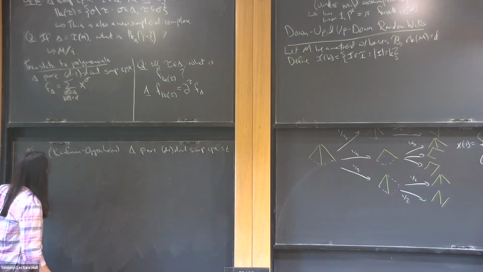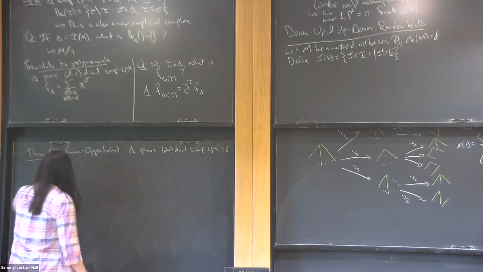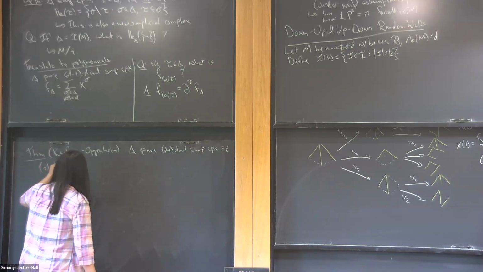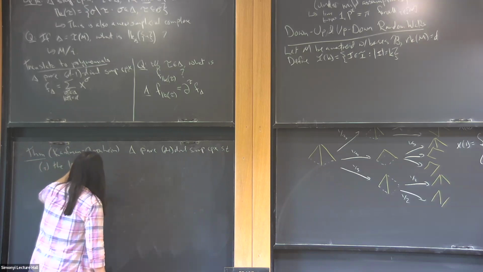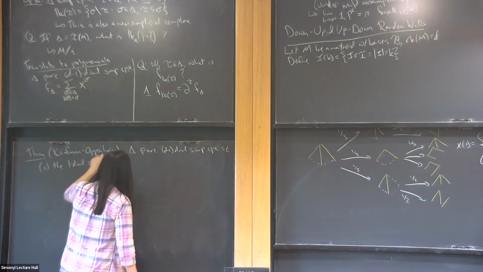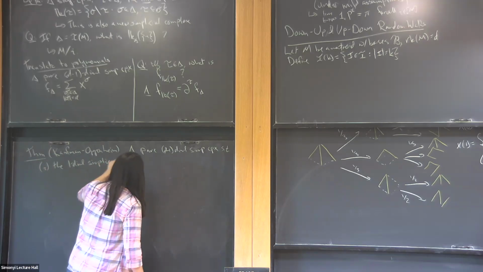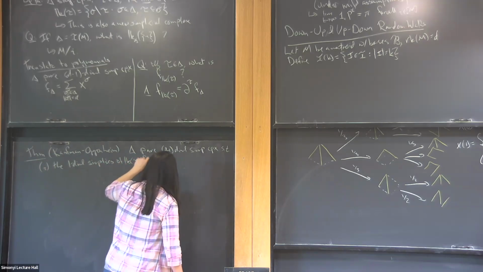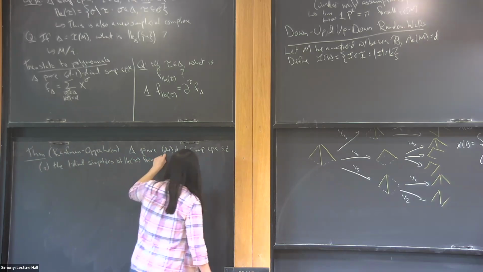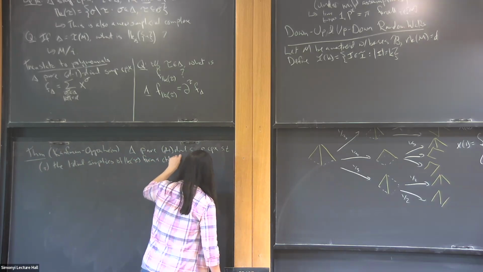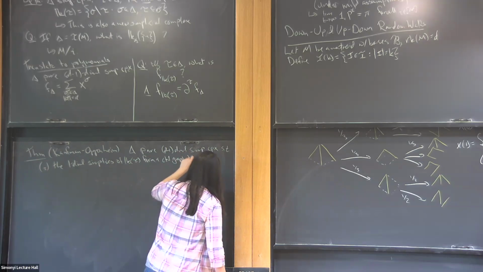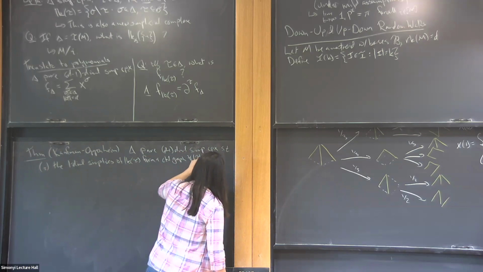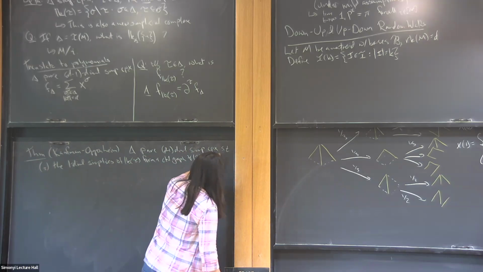One is that the one-dimensional simplices of all of the links form a connected graph whenever tau has size at most d minus 2.